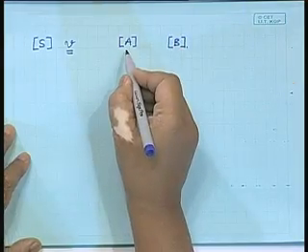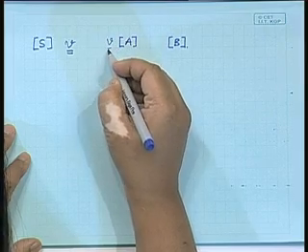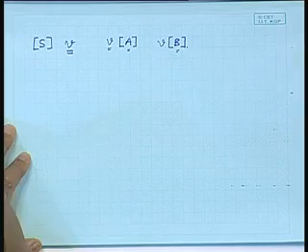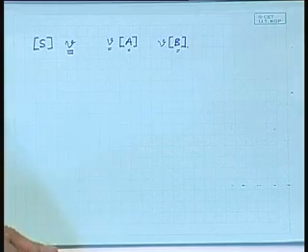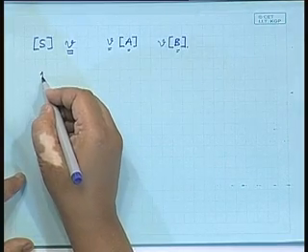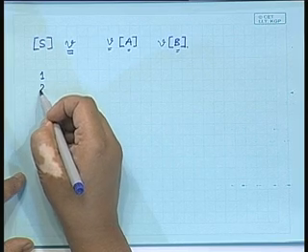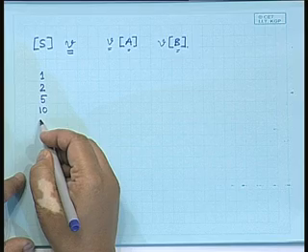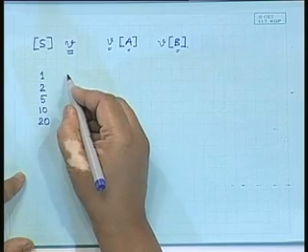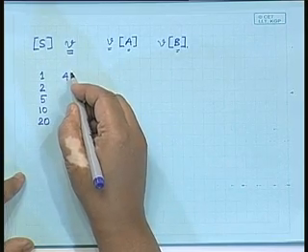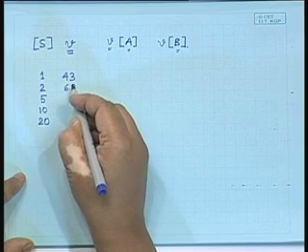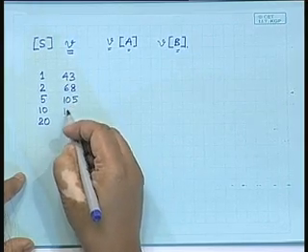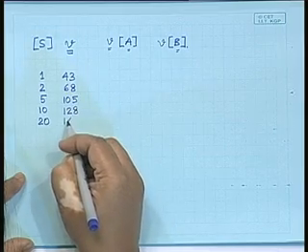okay, what do I need? I need the velocities for the presence of A and the velocities for the presence of B for the same substrate concentrations. So, say we had a value 1, 2, 5, 10, 20. The velocity for no inhibitor: 43, 68, 105, 128, 144.